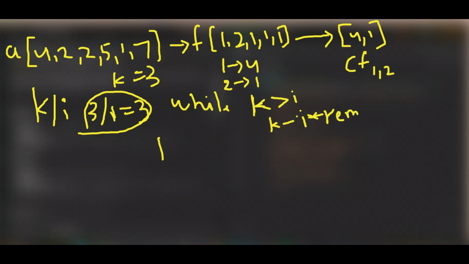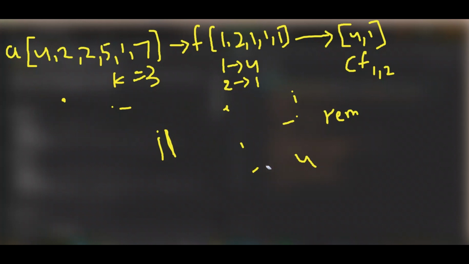If k is less than i, we'll just return the number of unique elements. In this case, the number of unique elements equals 5, the length of the frequencies.